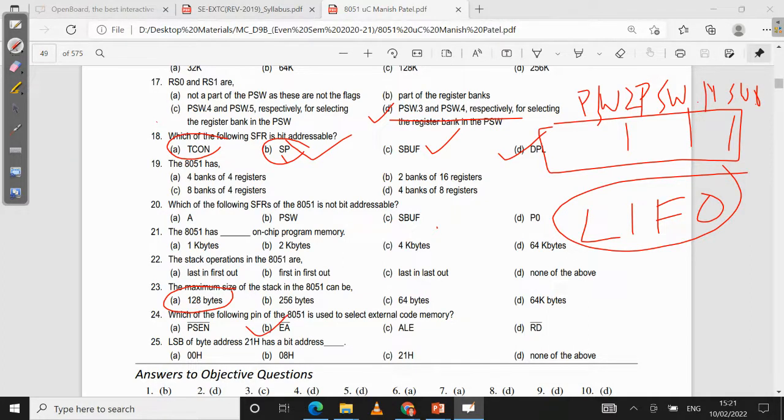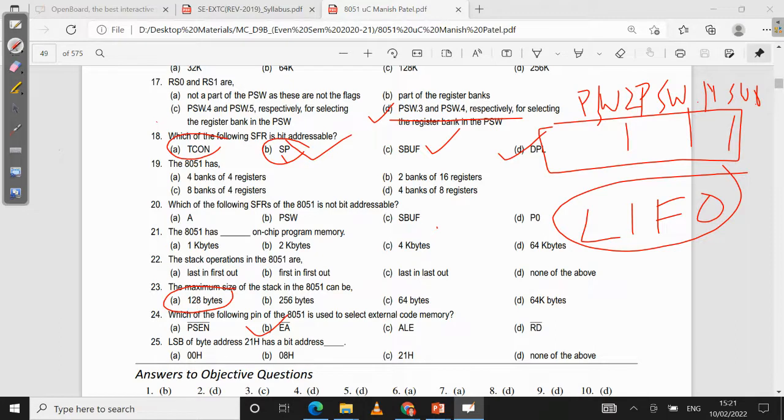What is LSB? What do you mean by LSB? Least significant bit.